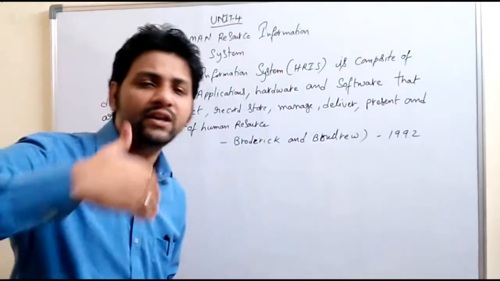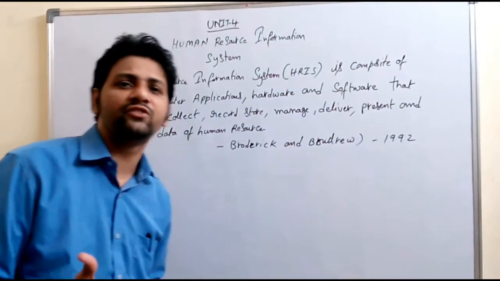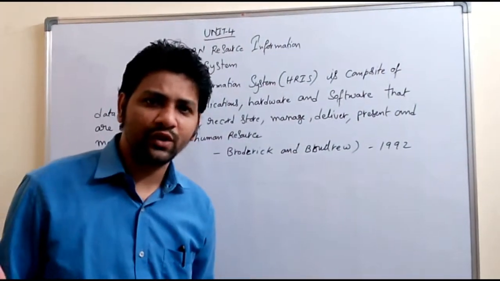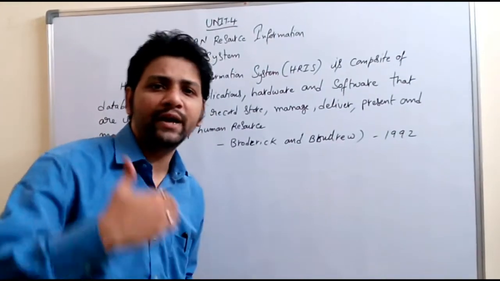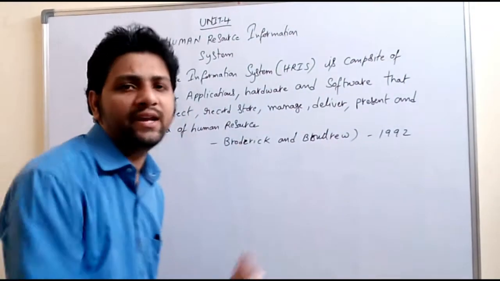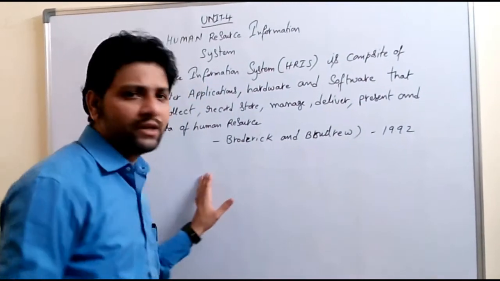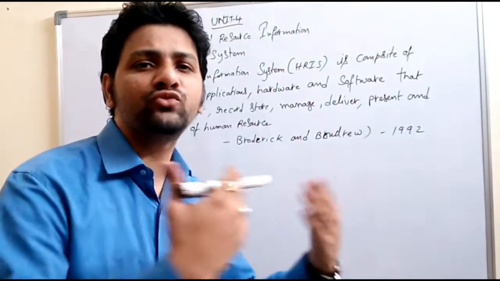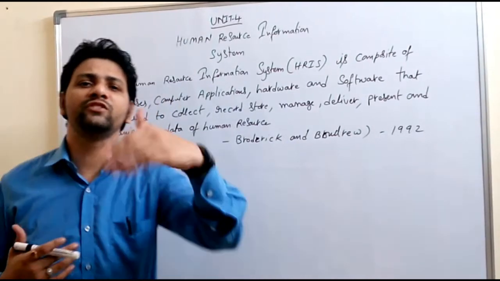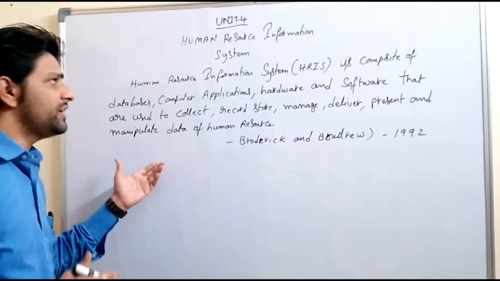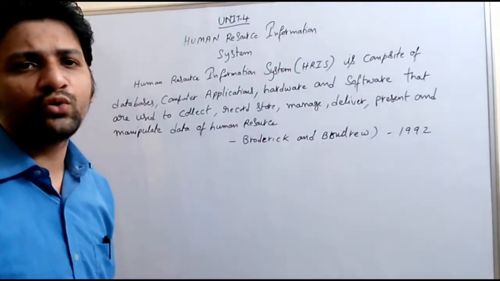So the organizations need certain software, using which we can manipulate, manage and organize the employee details with very high accuracy. For that purpose, developers are developing different types of human resource information system management software.